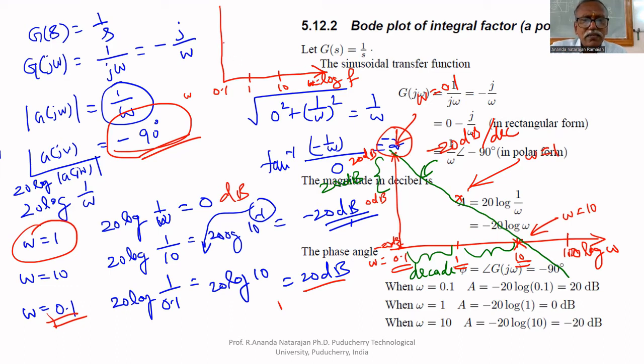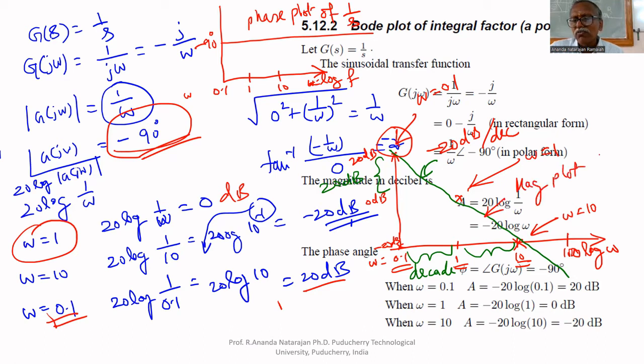Here it is always minus 90. This is the phase plot of 1 by S, and this is the magnitude plot of 1 by S. That's all.